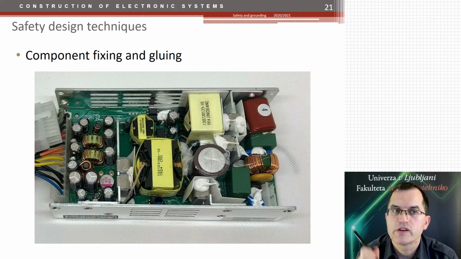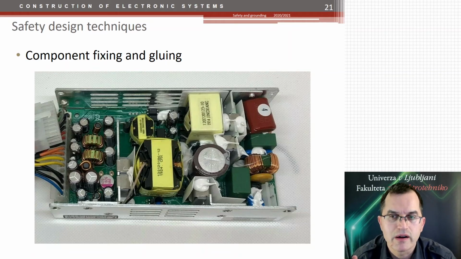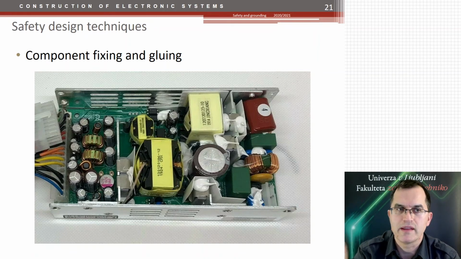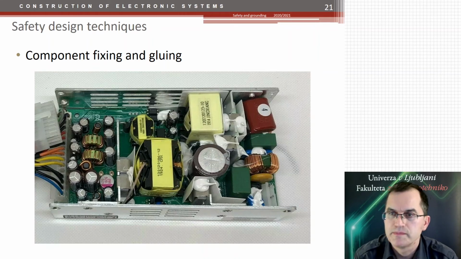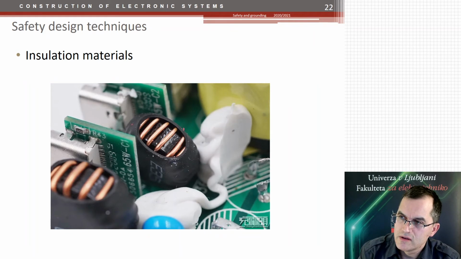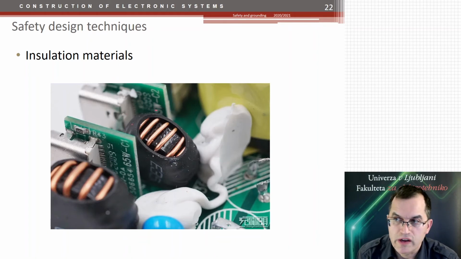So all the critical components that require a high clearance distance and can bend, that means they could be bent just by pressing with a finger or something like that, they have to be glued. Regarding insulation materials, you see that these chokes or the transformers are put in an extra shrinkable material.